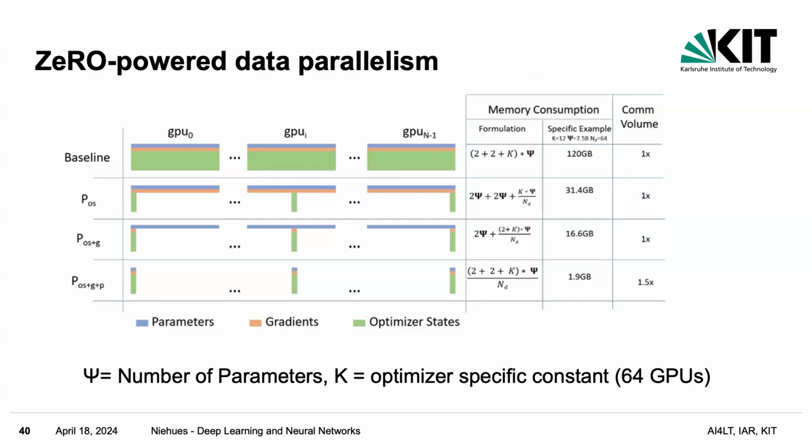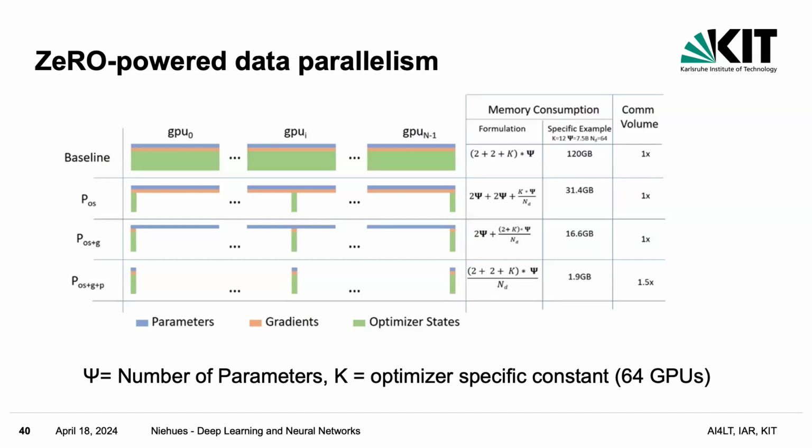So you also have to store some states of your optimizer. As shown in the baseline, you're storing all of that on each of the GPUs, so you have to store the number of parameters once for the parameters, once for the gradients, and once for the optimizer state.